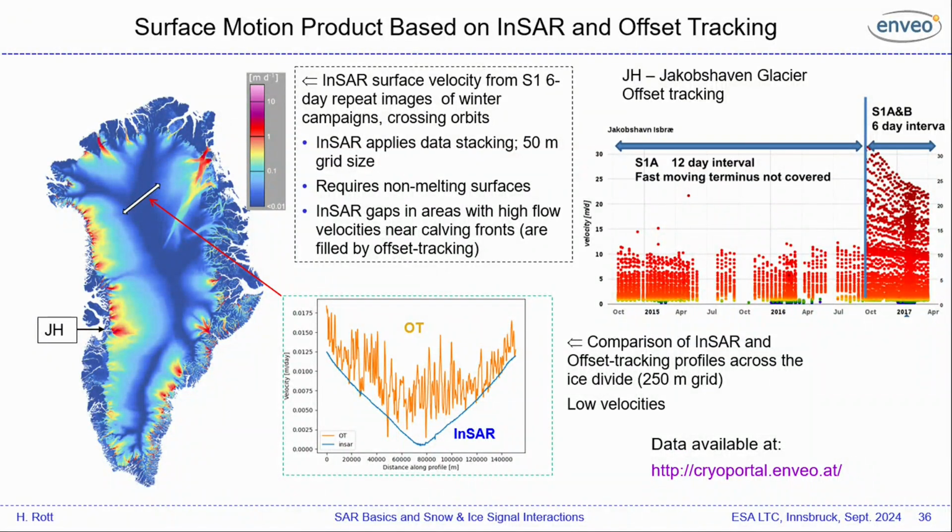It's still amazing. I never use the offset tracking, so we'll use InSAR. But thank you. The ice divide goes close down to zero, right there, where they usually do the measurements, at the ice divides.